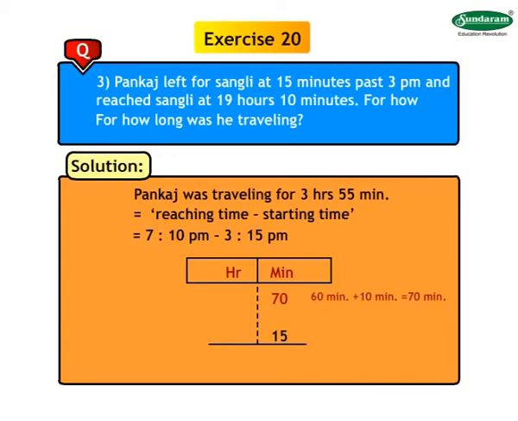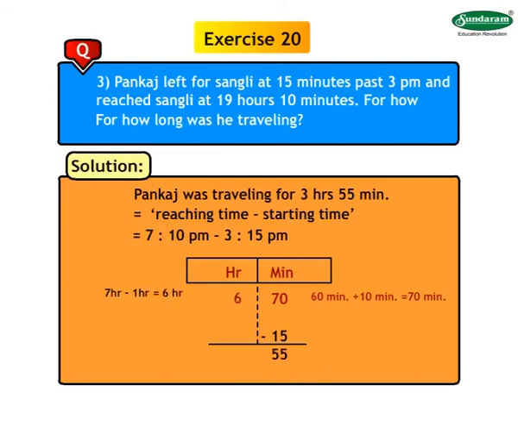Now, 70 minutes minus 15 minutes: borrow 1 from tens into units. Therefore, 10 minus 5 is equal to 5. 6 minus 1 is equal to 5. Thus, 70 minutes minus 15 minutes is equal to 55 minutes. In the hours column, 7 hours minus 1 hour is equal to 6 hours.